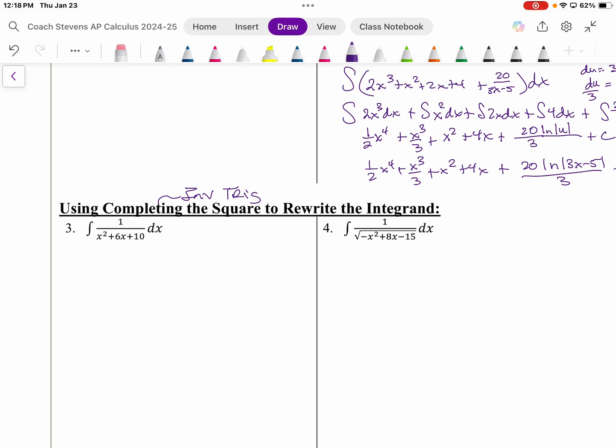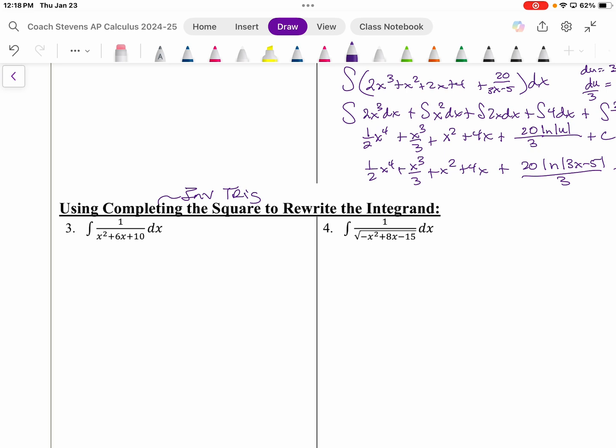That's the purpose: when I see 1 over a quadratic polynomial, I think, hey, that's like arctangent, 1 over x squared plus 1. So if I can complete the square to create 1 over something squared plus 1 or whatever, then I can use arctangent to rewrite it as an antiderivative, okay?